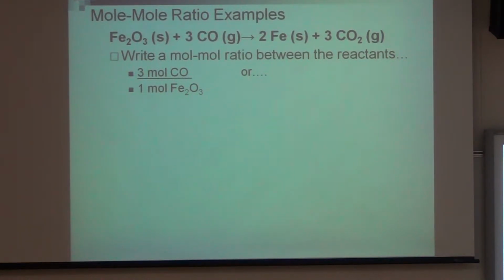Well, we could do that also, which we'll do in a moment, but just between the reactants, all I'm asking is that this doesn't have to be in this form. It can be 3 moles of carbon monoxide over 1 mole of iron oxide, or it could be 1 mole of iron oxide over 3 moles of carbon monoxide. It simply depends on what you're given in the problem and what you're solving for.